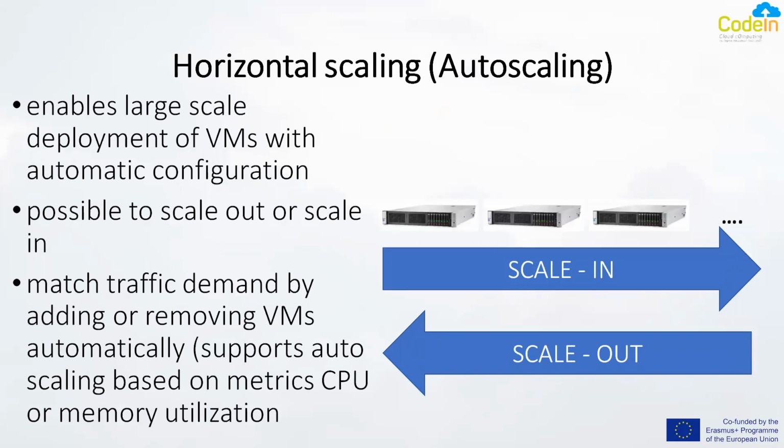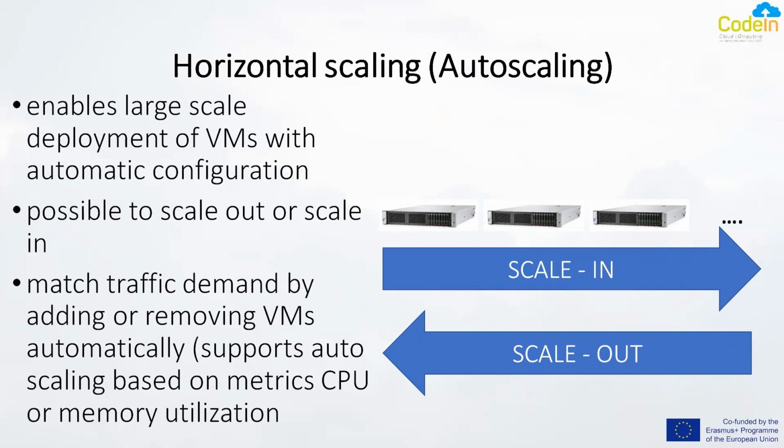There is another scaling called auto-scaling, also referred to as horizontal scaling. Now, as you can see in the picture, this basically means that you add more VMs of the same shape or take away VMs of the same shape. This enables the large-scale deployment of VMs.